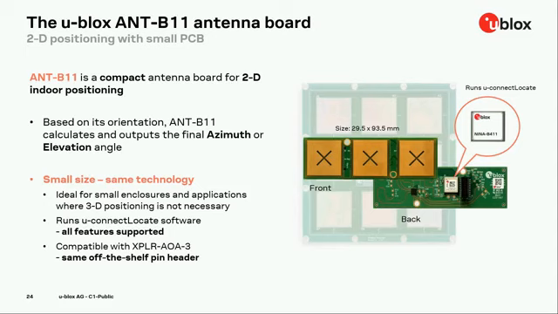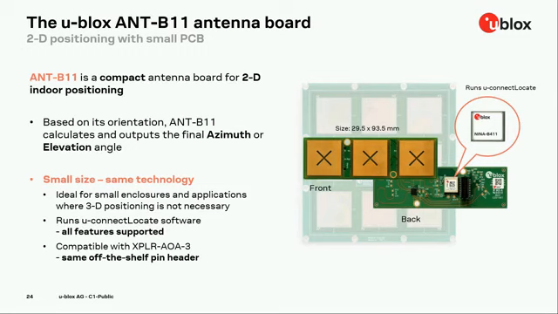And therefore, we took ANB-10, we removed several of its antenna elements, and we left just three of them. We ended up with a very small antenna board with dimensions 29.5 by 93.5 millimeters. So it's an extremely small antenna board. It's ideal for calculating either the azimuth or elevation angle based on whether it's oriented horizontally or vertically.